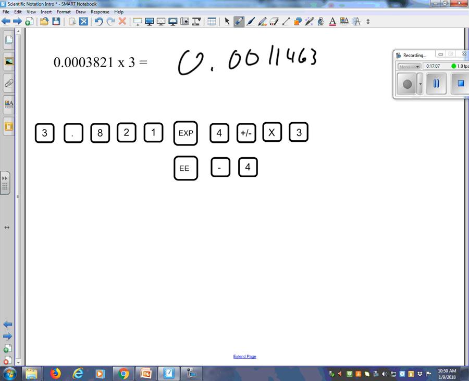Excellent. Now, you should probably write that in scientific notation, shouldn't you? So what's the correct answer? You take that decimal point and go 1, 2, 3. So that's 1.1 times 10 to the minus 3. 1.1 times 10 to the minus 3.